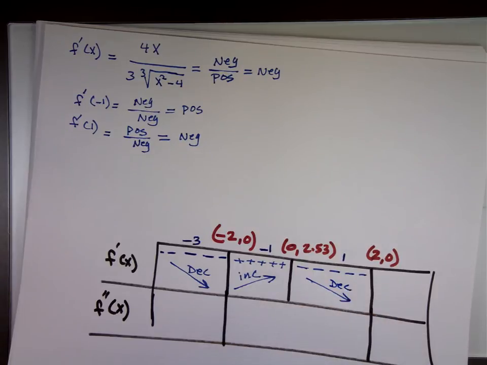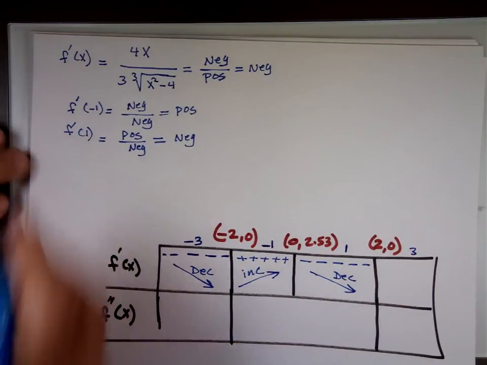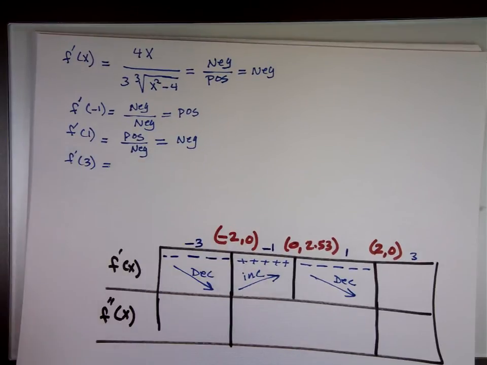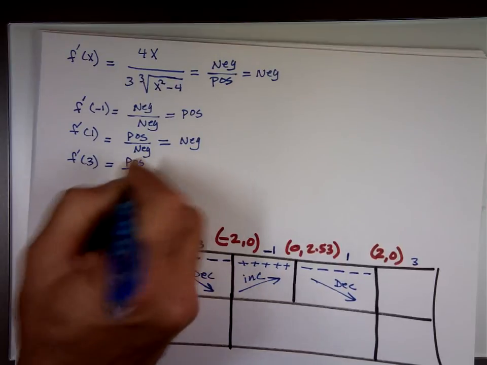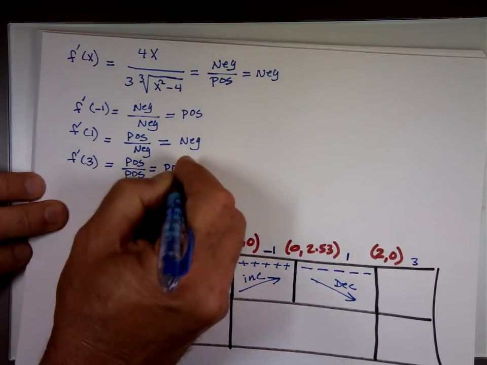And for more than a 2, I'll pick a 3. Again, some reasonable numbers. Don't go crazy with them. F prime of 3, that's positive on the top. Positive on the bottom. What's positive over positive? Positive, that's increasing.